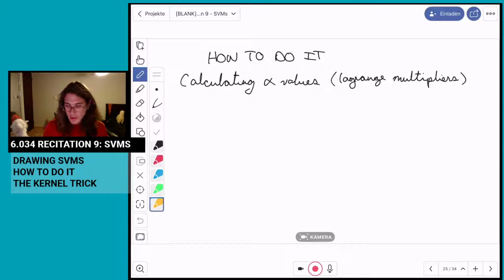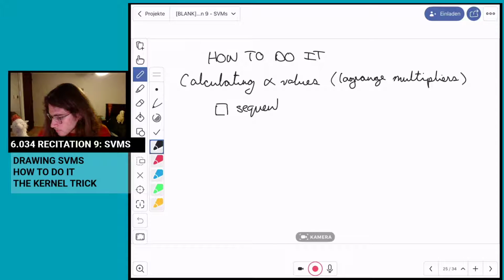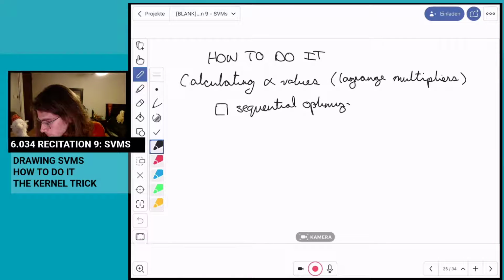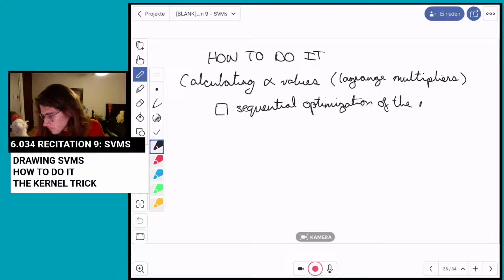And that is in the way that support vector machines are trained. Because when a computer does it, in reality, what's happening is a sequential optimization. As I mentioned at the beginning, a support vector machine problem is an optimization problem of the margin.